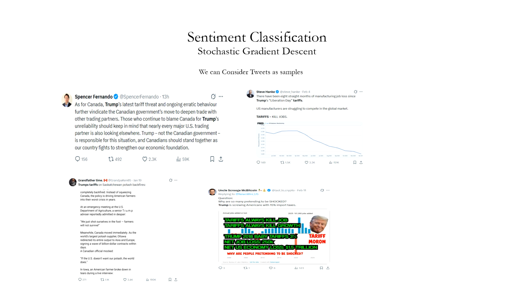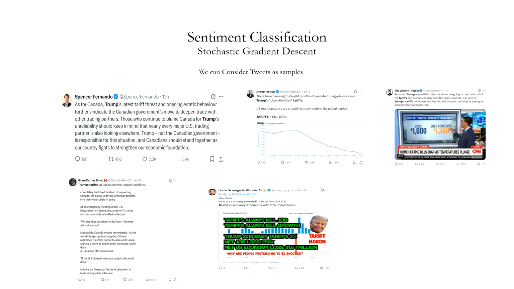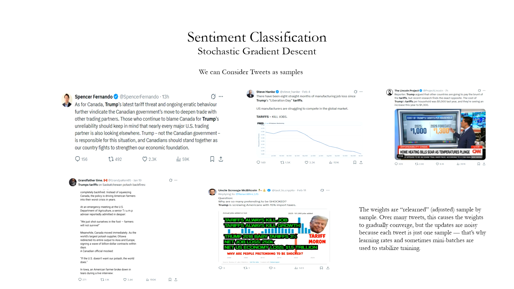Whereas in gradient descent, we would use all of it to get the weights. So the weights are relearned, adjusted sample by sample over many tweets. This causes the weights to gradually converge, but the updates are noisy. And I mentioned that earlier because each tweet is just one sample. That's why learning rates and sometimes mini batches are used to stabilize training.